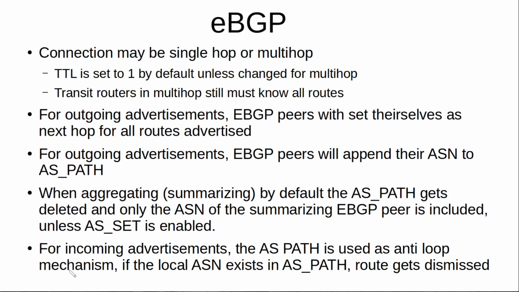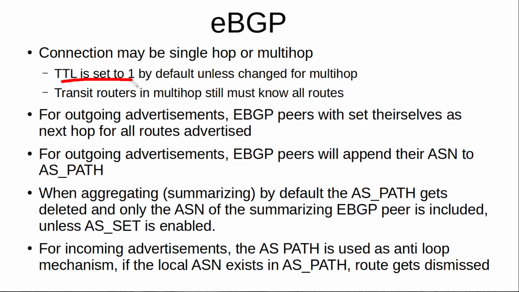Now, what happens if two devices peer and both devices live in different autonomous systems? Then those devices are said to have an EBGP peering. By default, for EBGP, the TTL is set to 1.